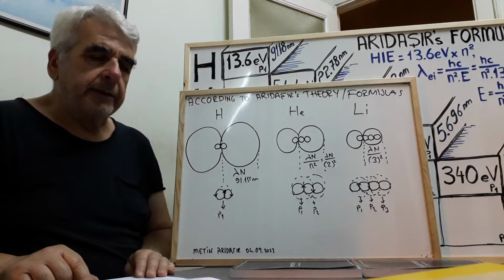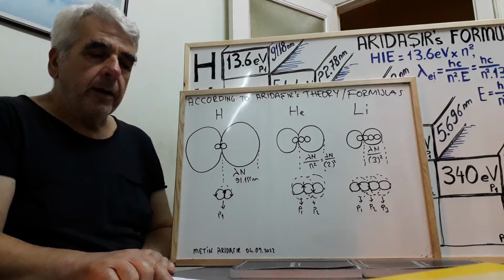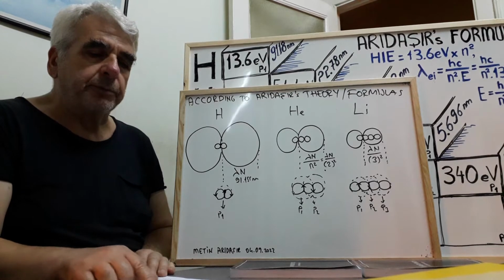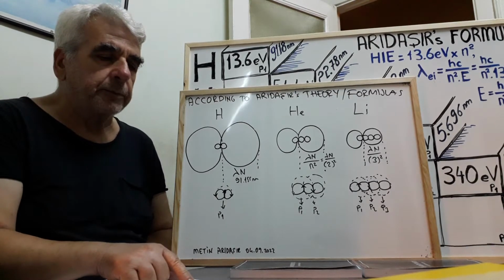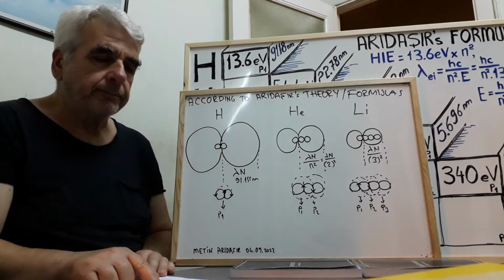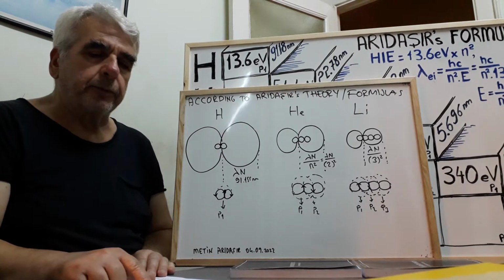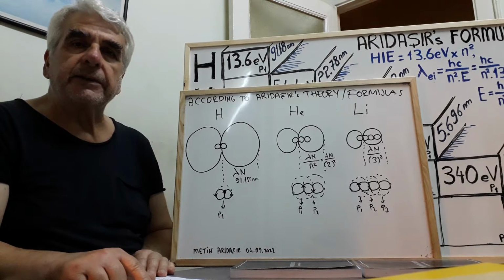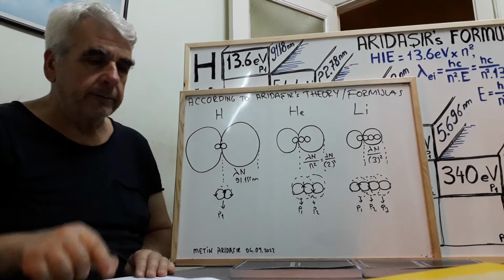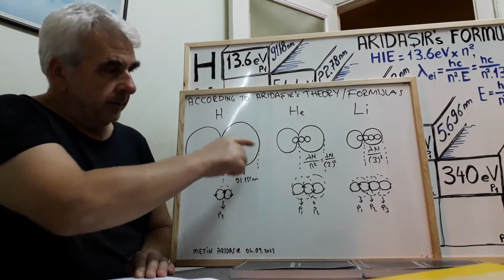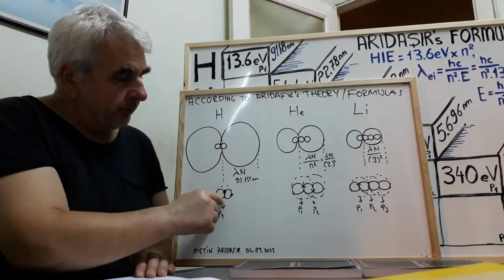Each proton that added to hydrogen's single proton makes shrink first-proton-bounded electron motion forms initial wavelength lambda n inversely proportional to n square. Again, now this is one proton.